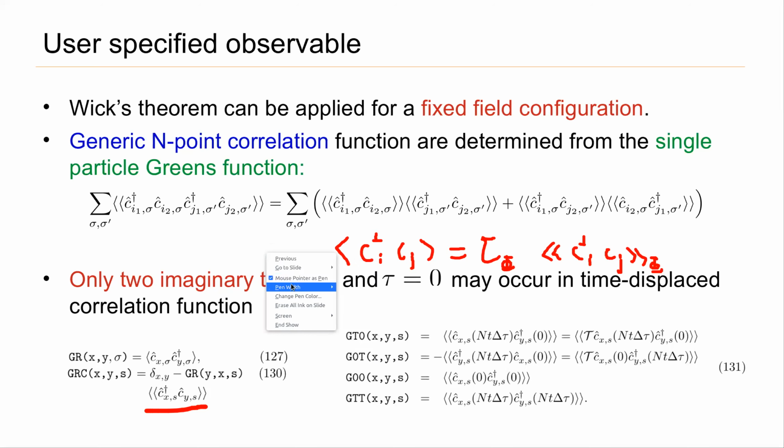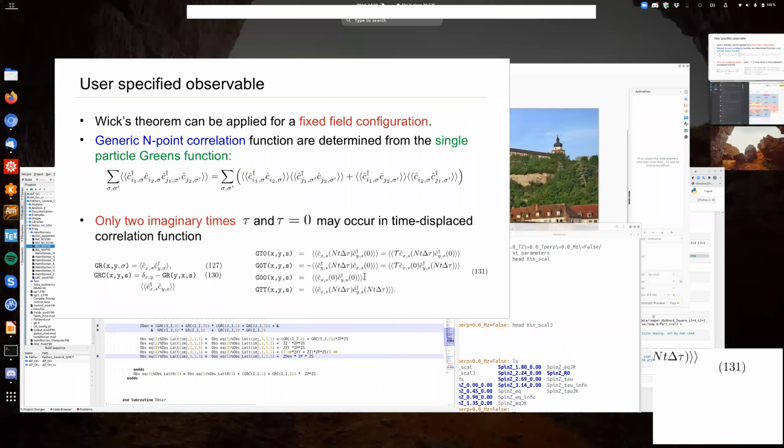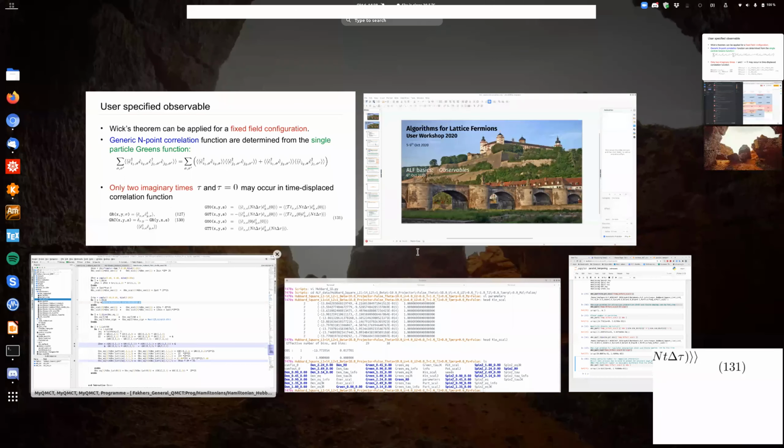Okay, so I was just wondering, if I make a new lattice, do I have to change anything in the measurement part? Yeah, so as long as you stay with the predefined lattices, then you don't have to change anything in the measurement part. Let me show this again.